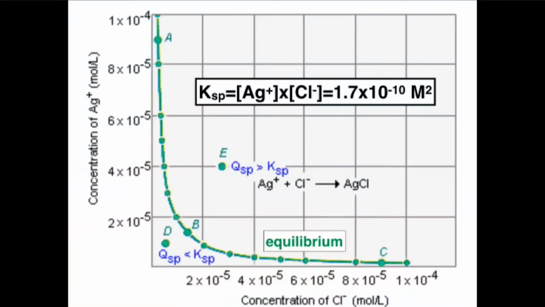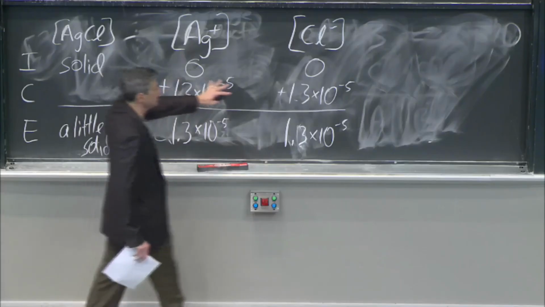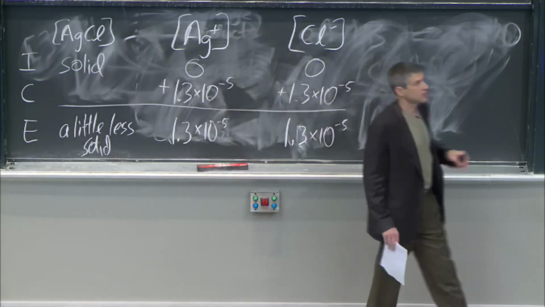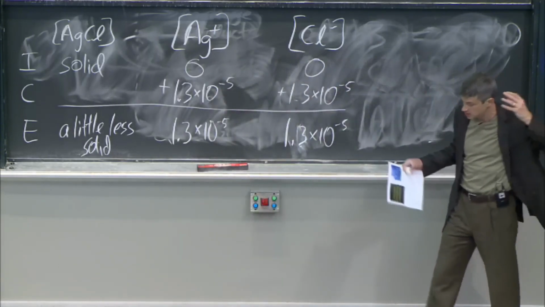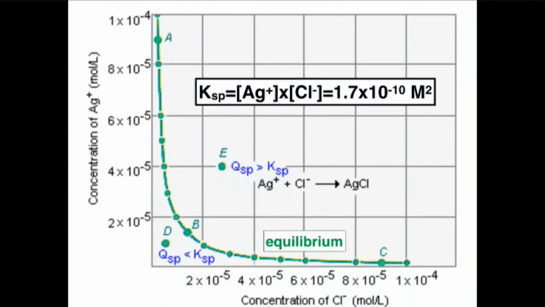You could also be way, way out, with a much higher Q, point E, and you know it's got to find equilibrium, which is what we just calculated. Those are the concentrations at equilibrium. It's got to get back to point B. It's going to do it by precipitating out solid. It's gone too far, right?